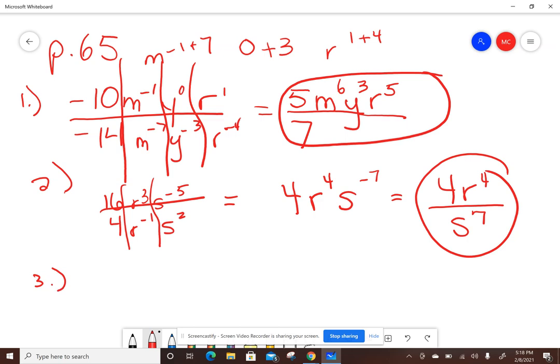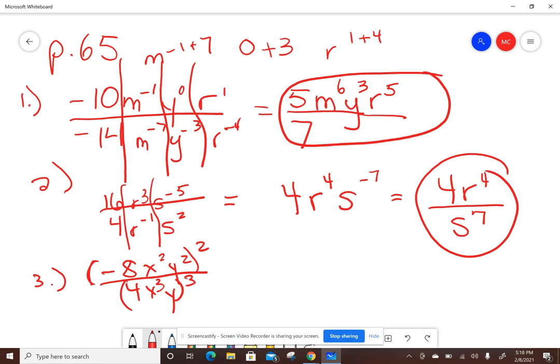And for number 3, we have -8x squared y squared all over 4x cubed y quantity cubed. Now, I wrote this wrong. I was anticipating there.